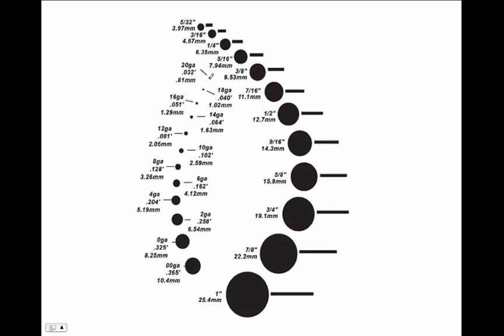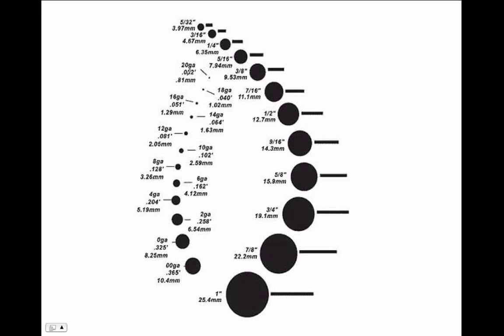So here we start at 20 gauge. This is kind of what telephone wire is, 24 gauge. And then 16 gauge is kind of the smallest wire you would use for a 120 volt electrical system. And then when you're looking at hooking up the wires that go from an inverter to batteries that could carry hundreds of amps of current, then you're looking at wires that are this size.